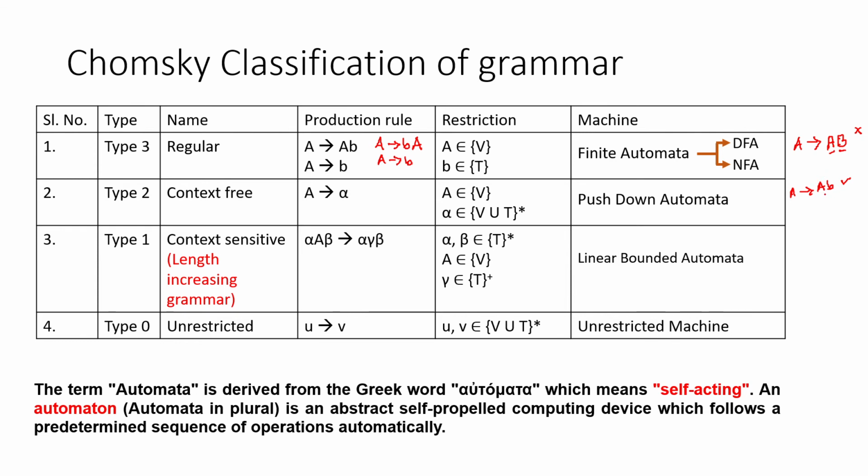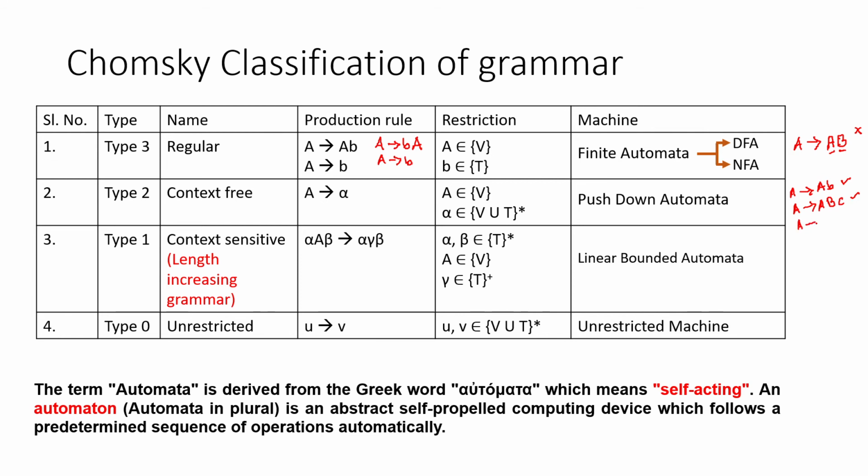I know that A to capital A small b is correct in regular grammar, but it is also correct in context free grammar. Similarly, A to capital A, capital B, small c is also correct in case of context free, because it is some combination of terminal and non-terminal, which is basically not true in case of regular grammar.